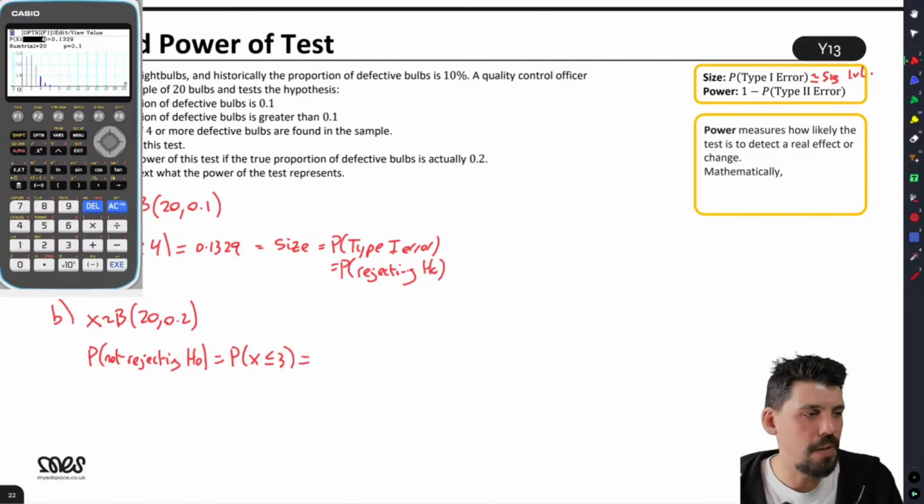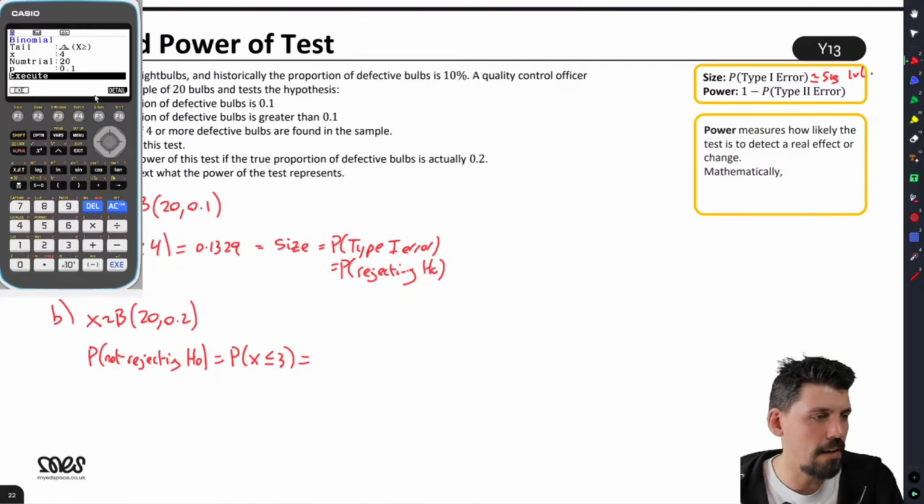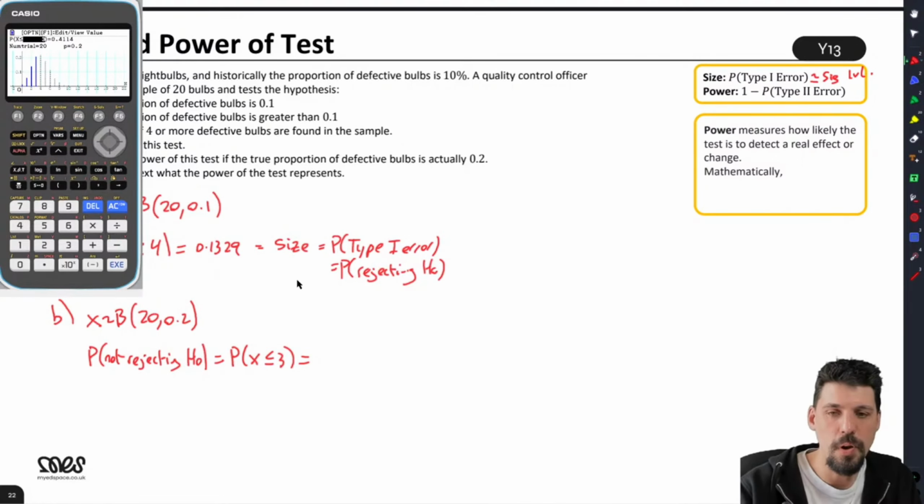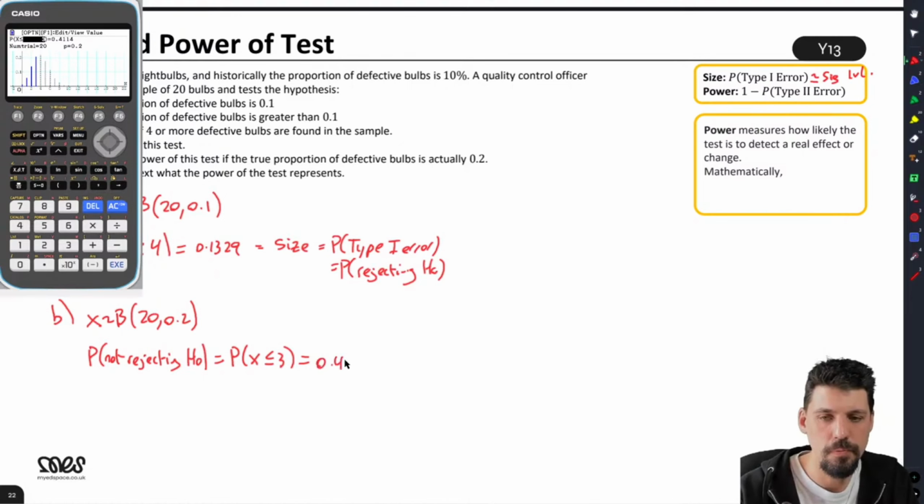But that is if P is 0.2. So when will we accept? 3 or less. Need to change the P to 0.2. So 0.4114. That is the probability of a type 2 error in this case. But again, that depends massively on that 0.2.